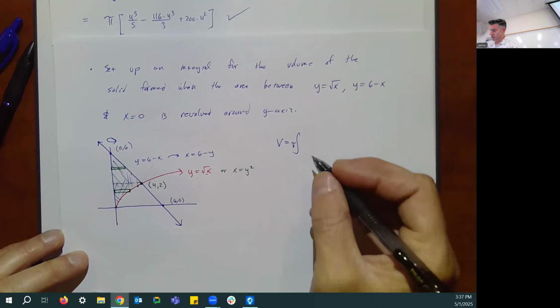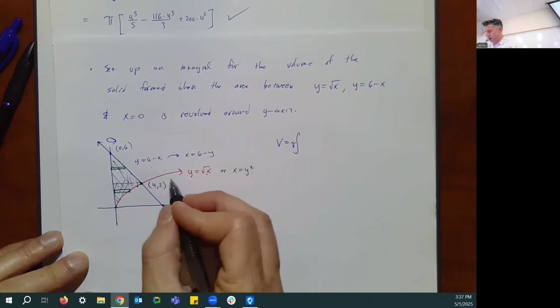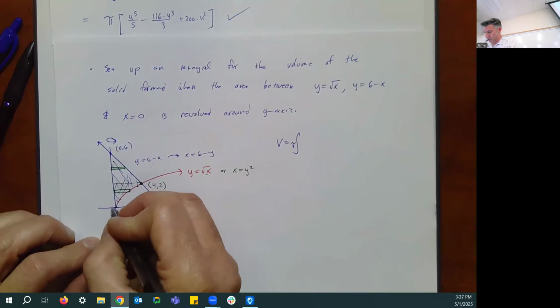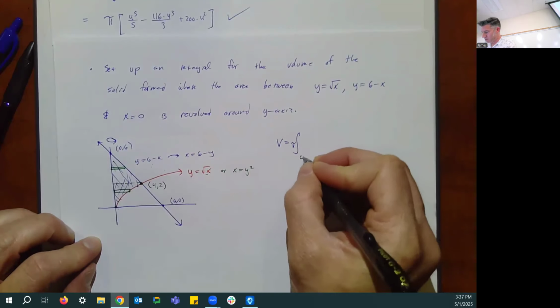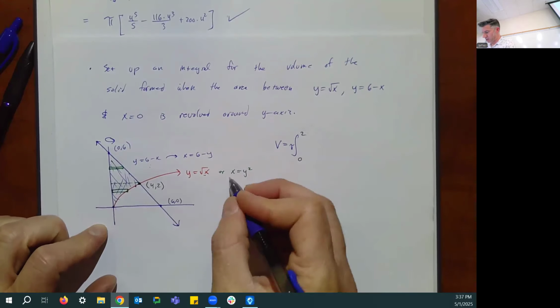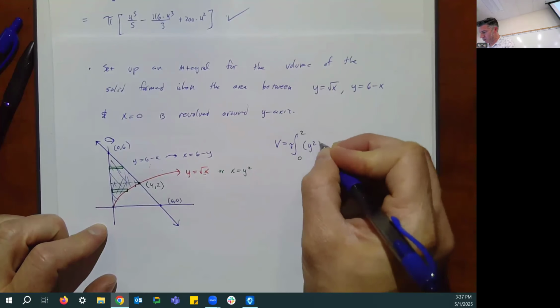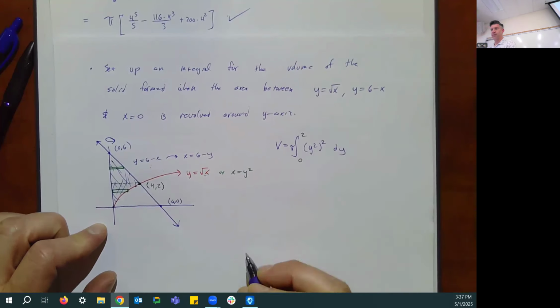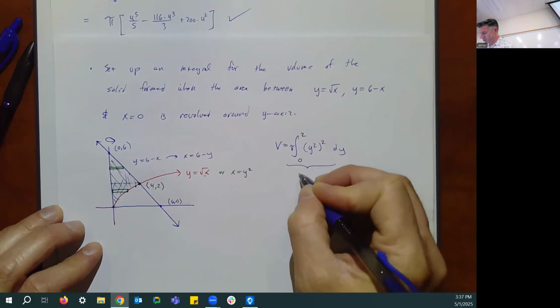So here, the volume of my lower half is going to be the integral from 0 to y equals 2 of pi times my radius, which is y squared, squared, dy. That's my lower volume.